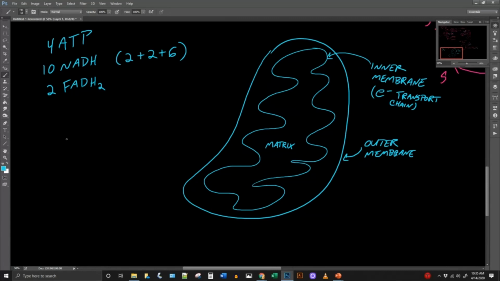Now, the electron transport chain is kind of like the light-dependent reactions, where you have this membrane with all of these different protein complexes, enzyme complexes and coenzymes in it.